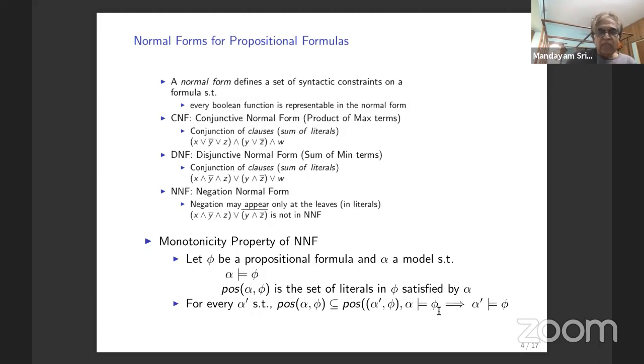It's fairly easy to check this, and that property is preserved only when the formula is in negation normal form.